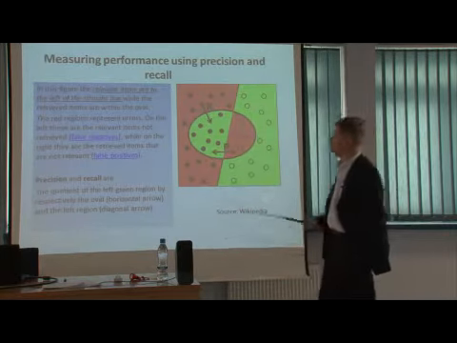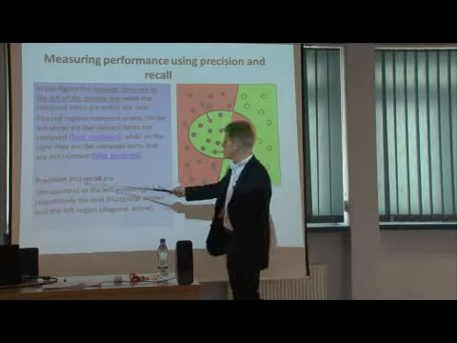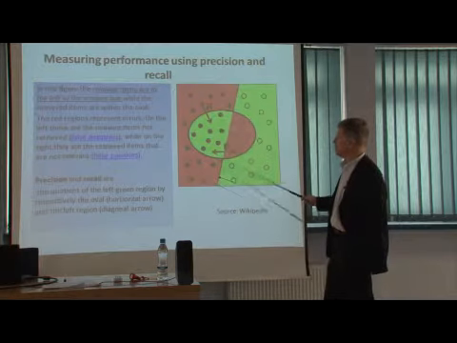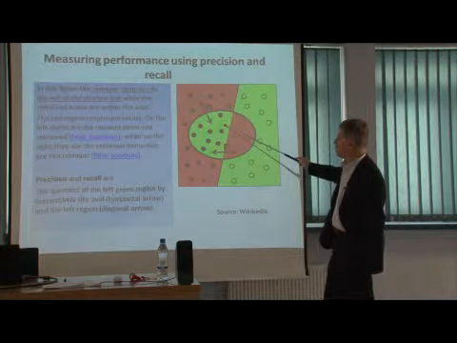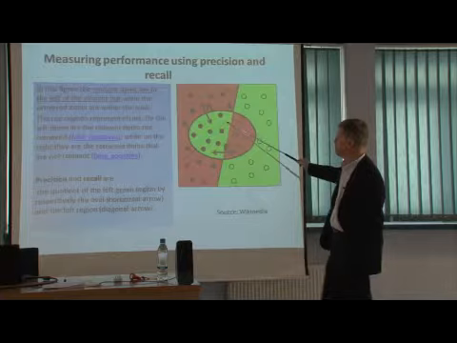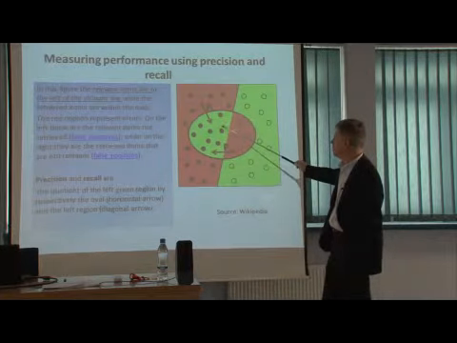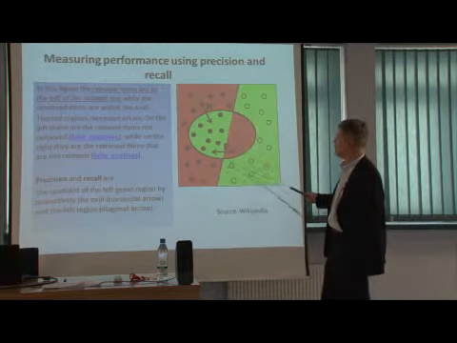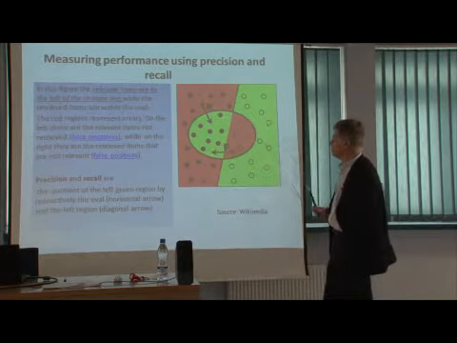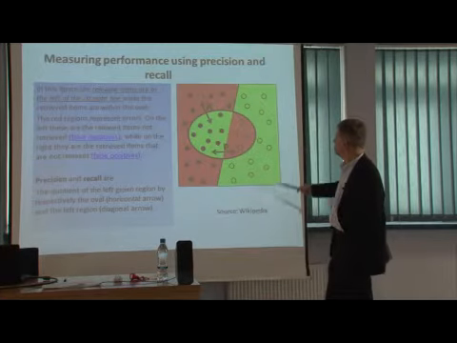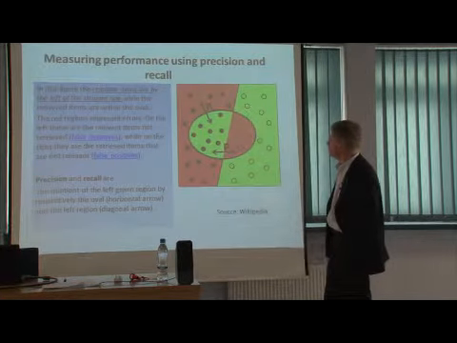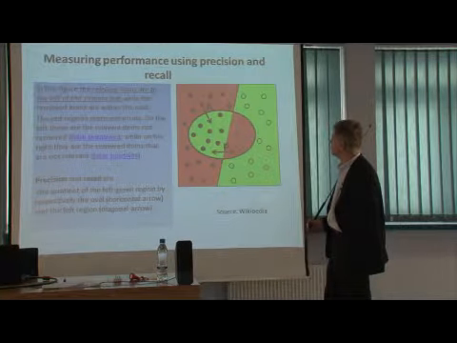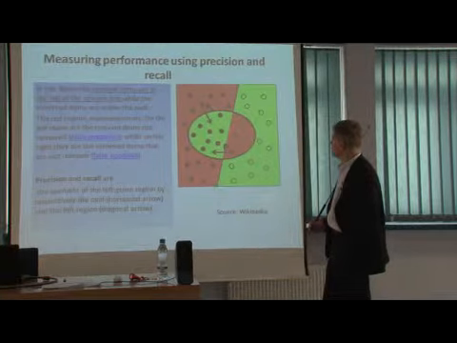So essentially what precision and recall measure are quotients of the green region by, respectively, the oval and the left region of the diagonal. So that's the explanation of the precision and recall.